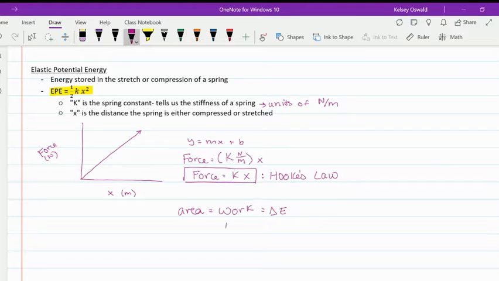If we are looking at elastic potential energy, that's going to compare how much elastic potential energy we end with versus how much we begin with. So the area of that force versus displacement graph not only tells us our work done, but also the change in elastic potential energy. How much is our energy increasing by, or how much is the energy decreasing by?